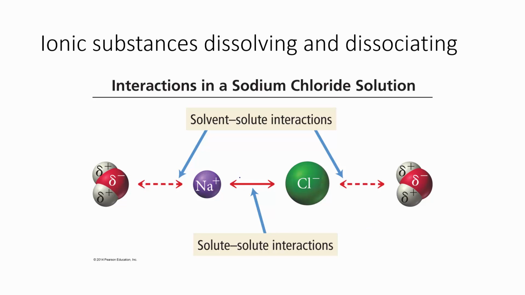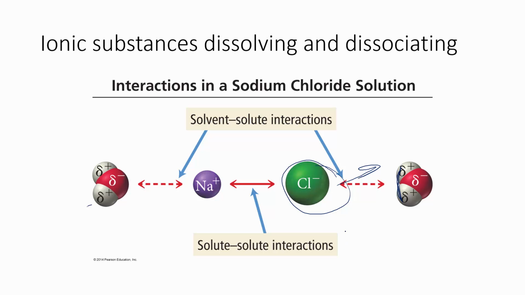So what does this look like? Let's look at sodium chloride as an example. Sodium wants to be attracted to chloride, and that's a solute-solute interaction. But the solvent-solute interaction between the negative side of water and the positive of sodium can draw it away. And the positive part right here of the water is attracting the chloride ions and can pull them away from the sodium.